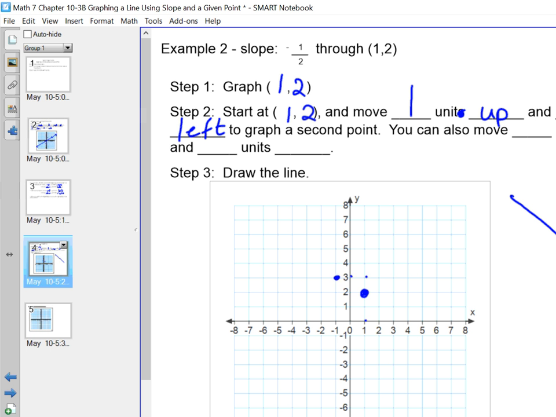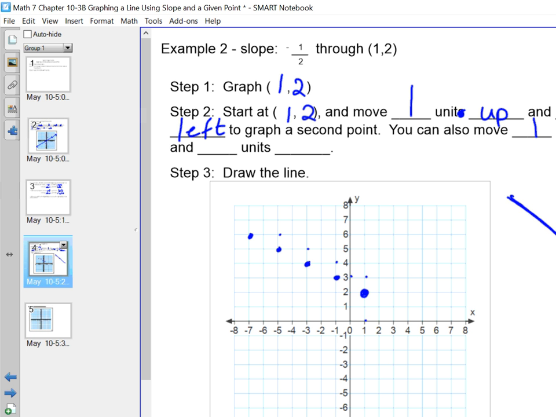Now I can do it again. Up 1 and left 2. Up 1 and left 2. Up 1 and left 2. But I can also move, and here's another typo, sorry, 1 unit down. Now, remember, I want this type of a line where I can slide down.